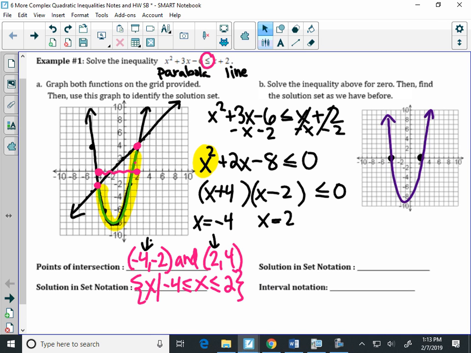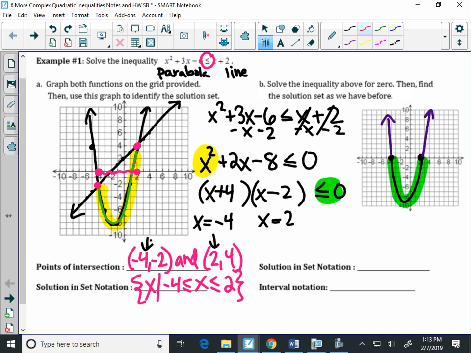And then we do what we did yesterday. I want to know, where is my graph? Here it says less than or equal to 0. So does that mean above or below the x-axis? This one here would be below. And just like we talked about in the other problem, how many parts to my graph did I shade here? 1.